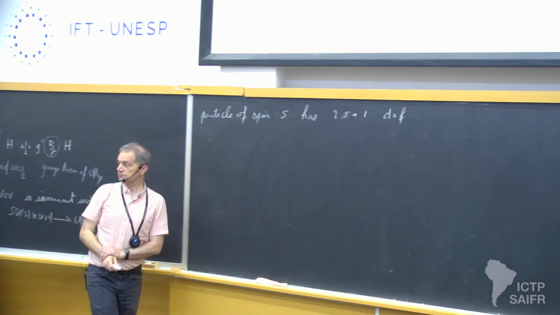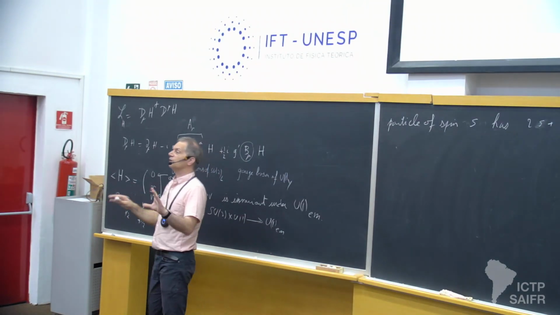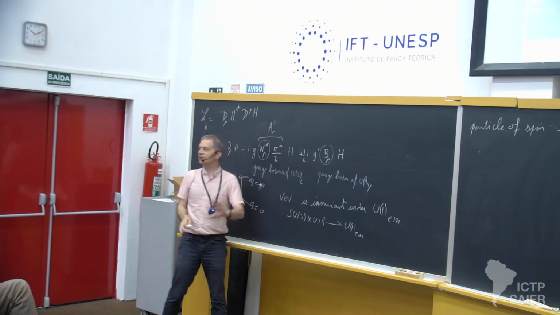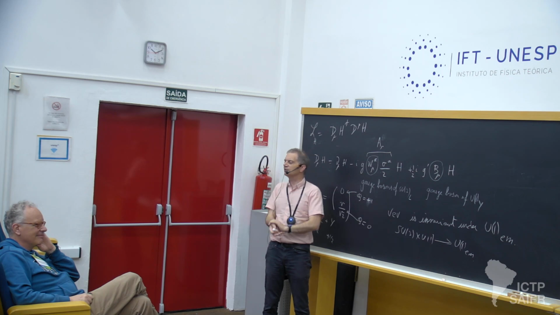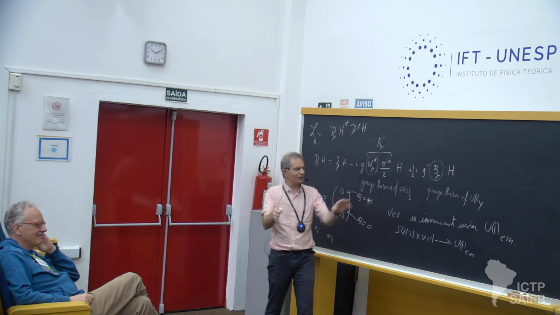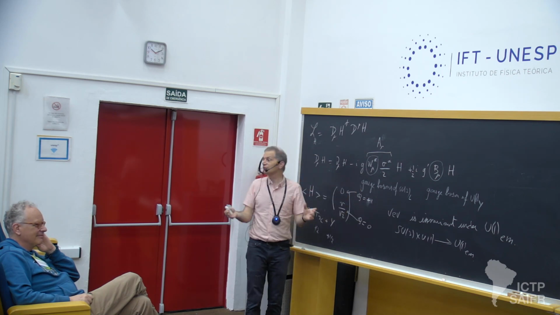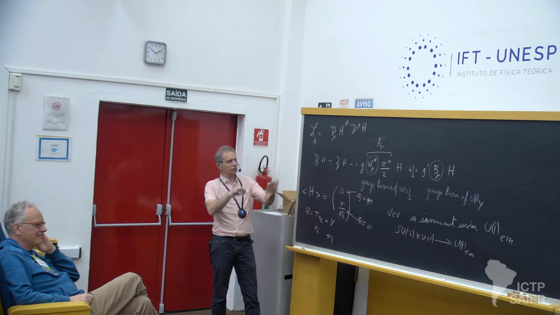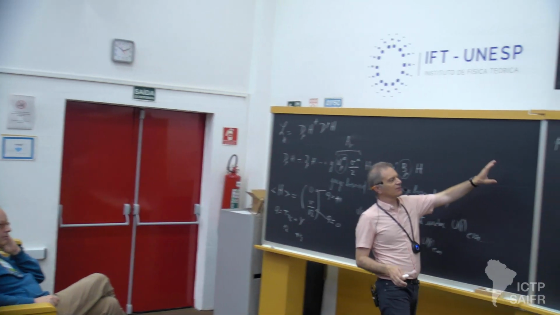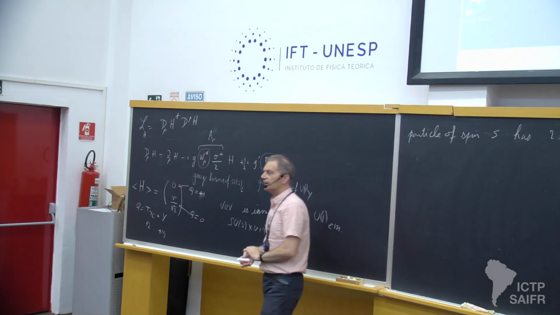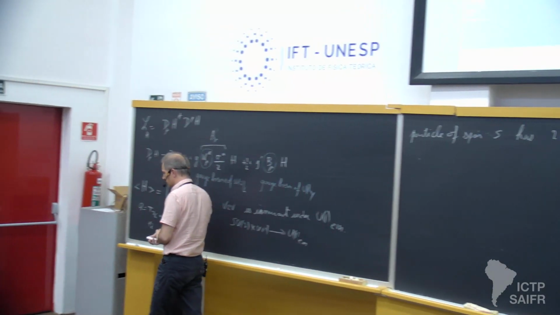That's the first thing that you learn when you're doing quantum mechanics. Probably that's more important than the Heisenberg uncertainty, because Heisenberg uncertainty is just classical physics at the end of the day, the wave function. But what is really special about quantum mechanics is this property that a particle of spin s has 2s plus 1 degrees of polarization.